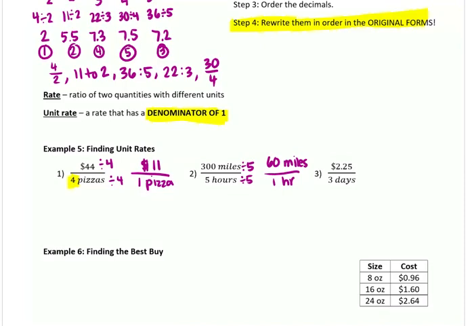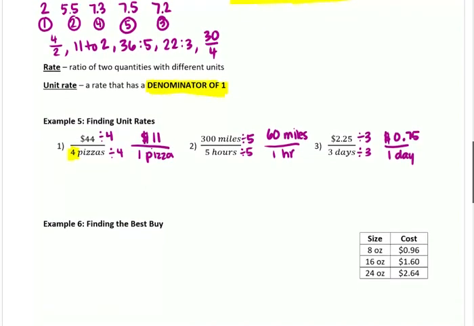So I have to have units in there. The last one, we're going to divide by 3, which gives us 1 day. And do the same thing to the top. Definitely using a calculator. That's going to give me 75 cents. So unit rates make that denominator 1. Whatever you do to the bottom, do to the top.